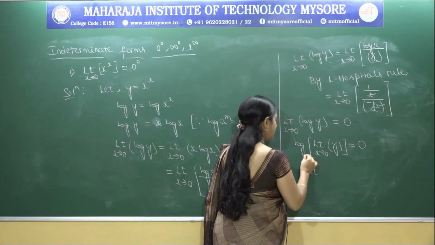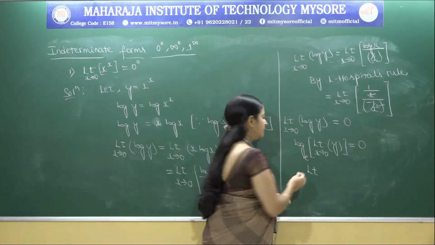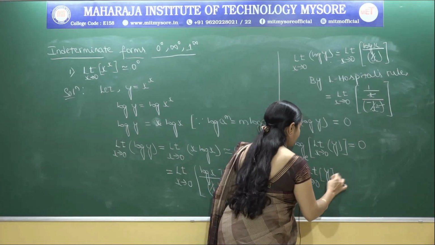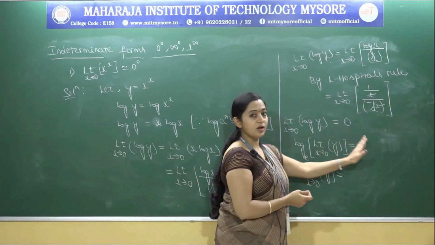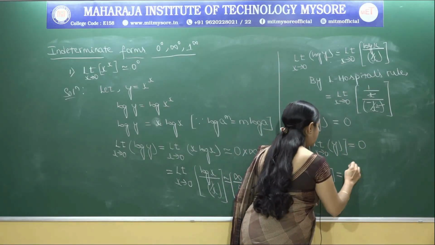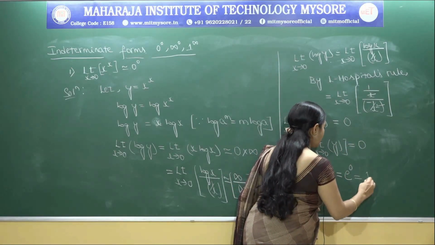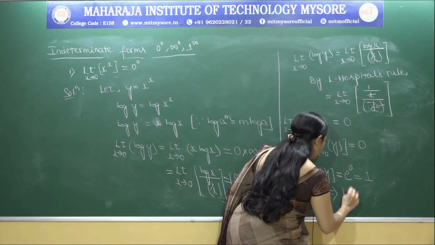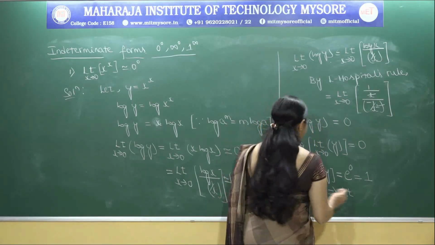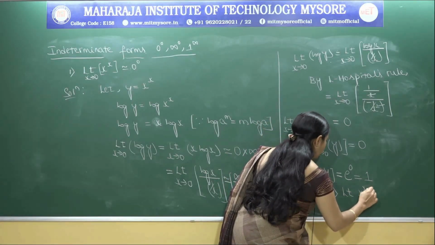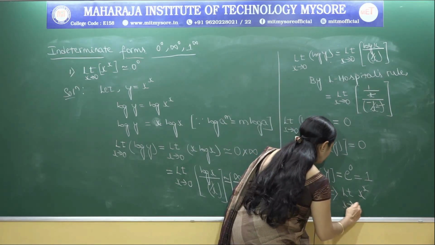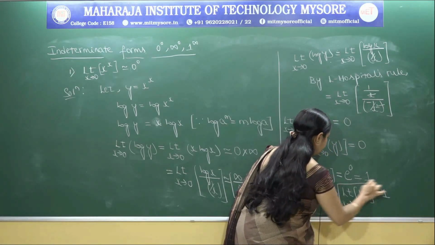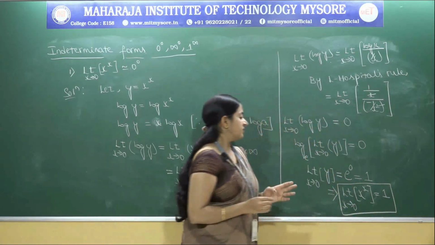Then log with base e of limit y as x tends to 0 equals, take this log to the RHS part, you will get e power 0, and e power 0 is equal to 1. That answer is 1. This implies that you taken y as x power x, the limit of x power x as x tends to 0 equals 1. This is the answer.